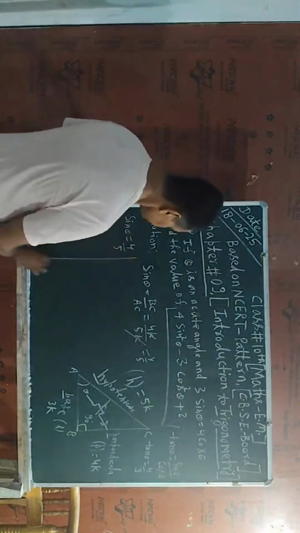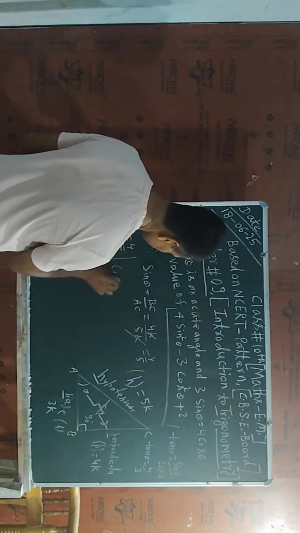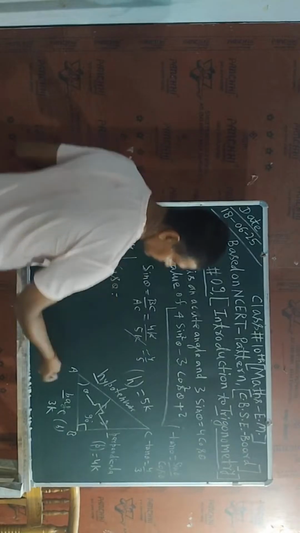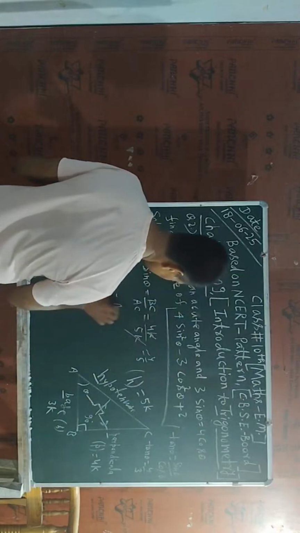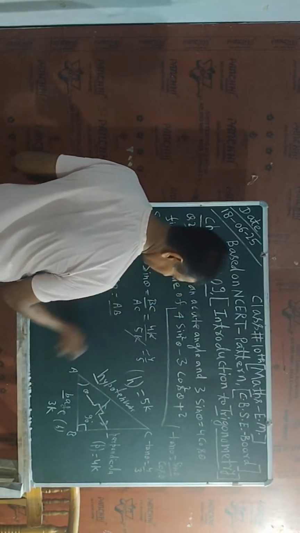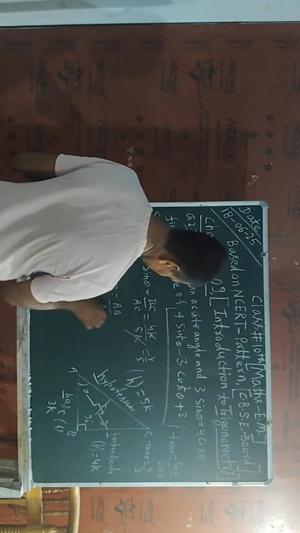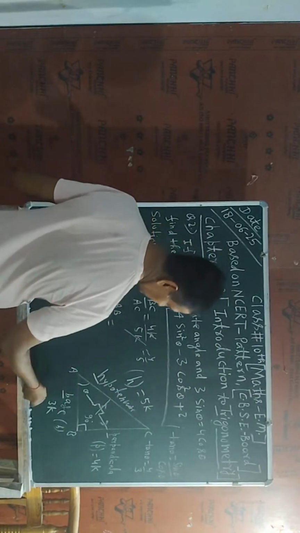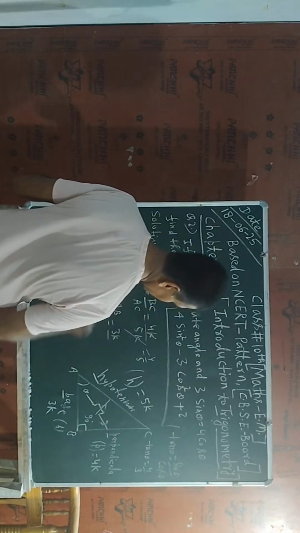Okay. Similarly, I will get the value of cos theta. So cos theta is base divided by hypotenuse. Base is AB. So here I will write AB divided by hypotenuse, which means AC. The length of AB is 3k. So here I have to write 3k divided by AC.